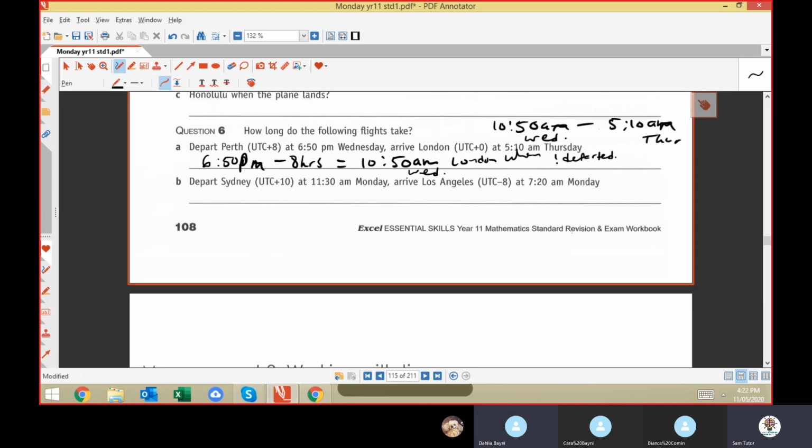No. Okay. Maybe add 12, let's say. That gets you 10:50 p.m., and then just keep adding until you get to about 4 or 5 and then see how you can go from there.